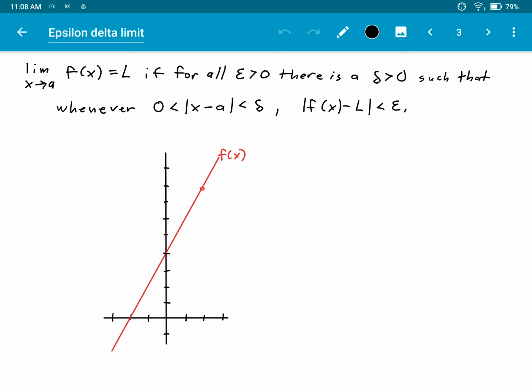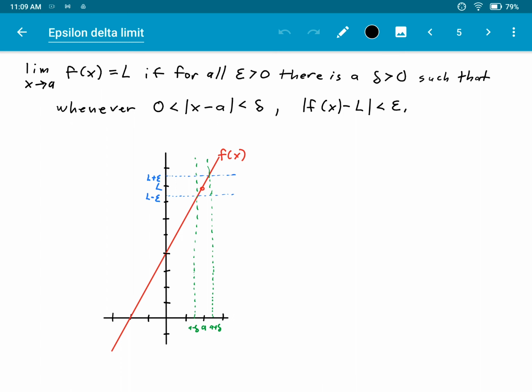But if I'm looking at a graph of a function and I'm saying, I want to know what the limit is as we get close to a, what I'm really saying is if I want to approximate the value of the function within some epsilon, so I'm within epsilon of L, then there has to be some x values that as long as I stay within that window, my outputs, my f of x, is within the epsilon window of L. So as long as I'm staying within delta of a, then the output is staying within epsilon of L. And this has to work. There has to be such a delta for every single epsilon.